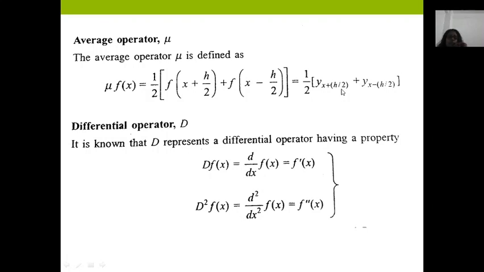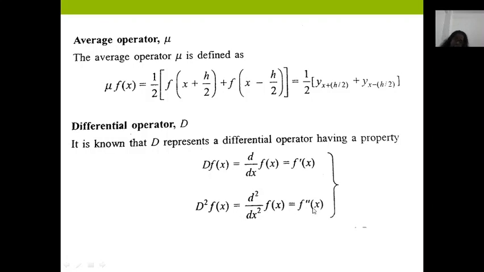So coming to the last finite difference operator, which is the differential operator, capital D, it will give you the differential value of f of x. So capital D f of x means first differential d by dx of f of x, that can be written as f dash x, and D squared f of x means the second order differential of f of x, f double dash x.